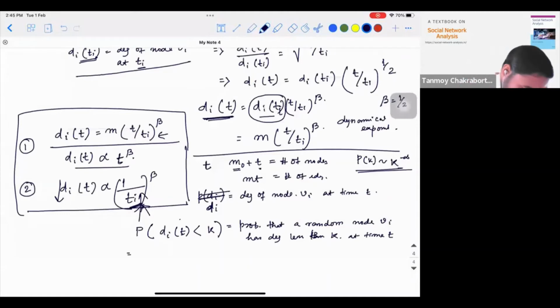So how do we measure this? We have already seen. Let's look at this calculation.